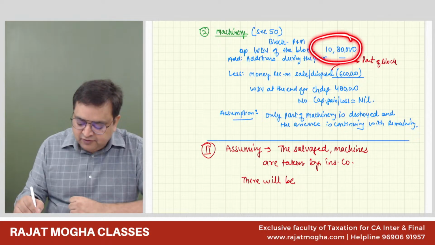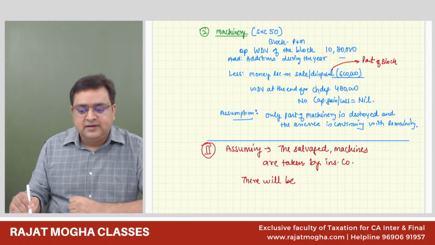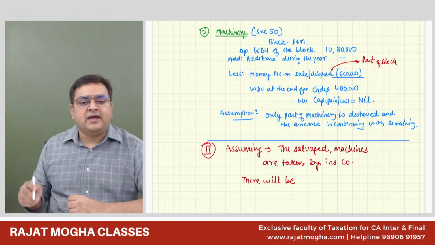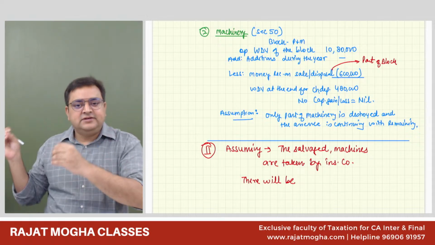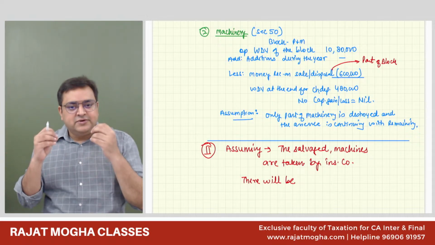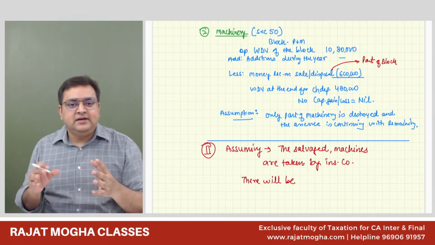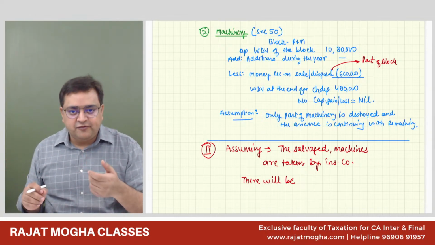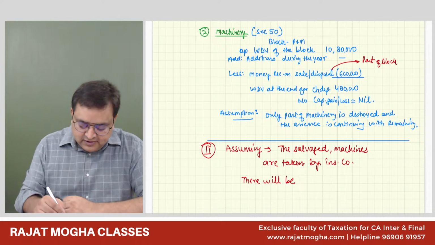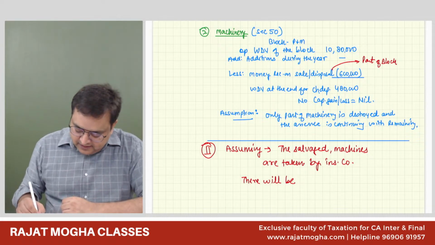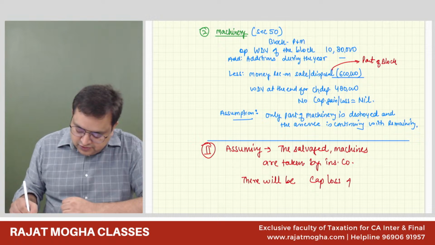See, your machinery was how much of value? 1080. And how much you are recovering? Only 6 lakh. And they are taking everything away. They are just giving you 6 lakh rupees and your machinery, which is worth rupees 1080, is going away. So is there a profit or a loss? There would be a loss. So there would be a capital loss. How much? 4,80,000.